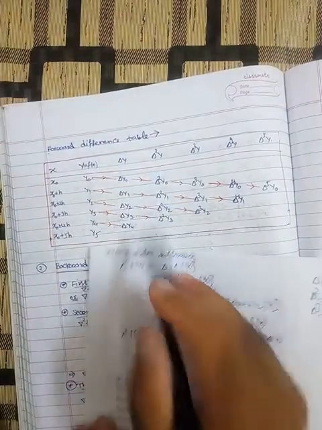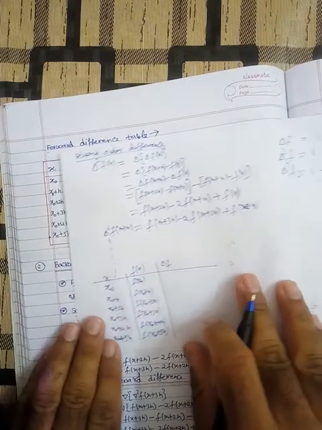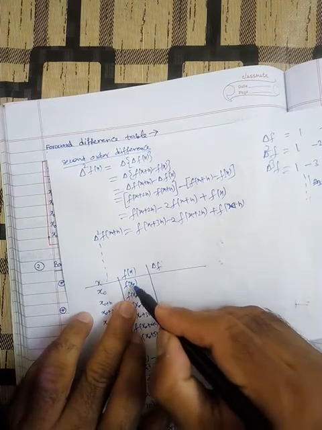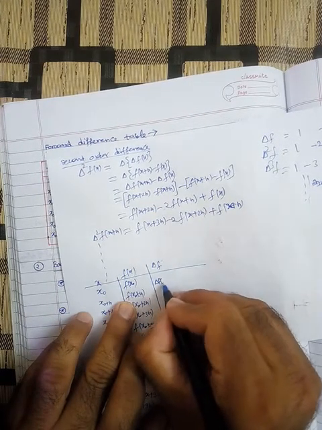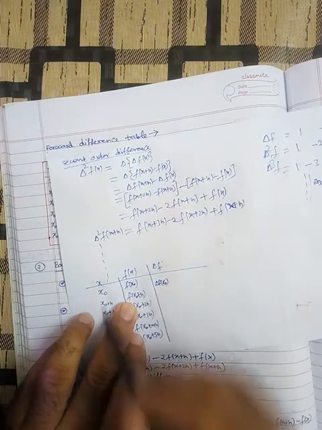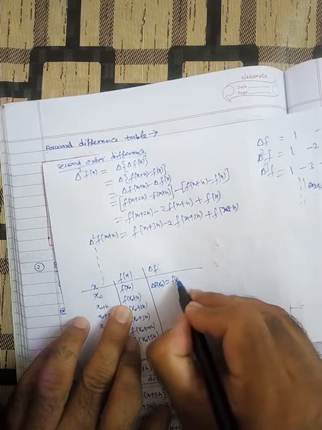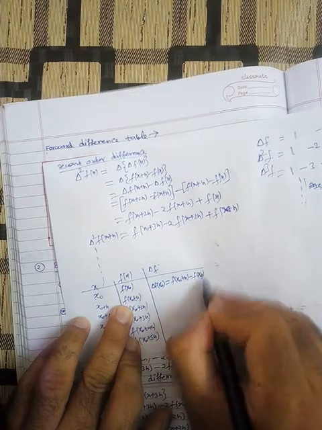Now the next column is the first difference, delta f. What is delta f? Next value minus current value. So write down here delta f at x0, which is equal to f of x0 plus h minus f of x0.